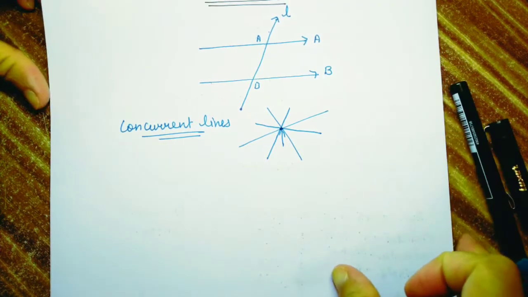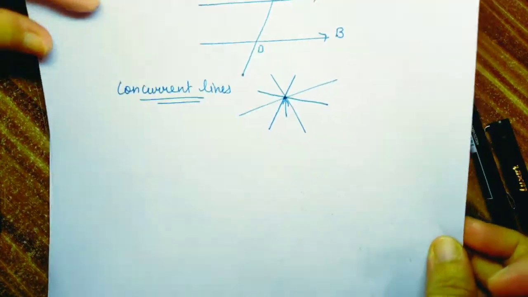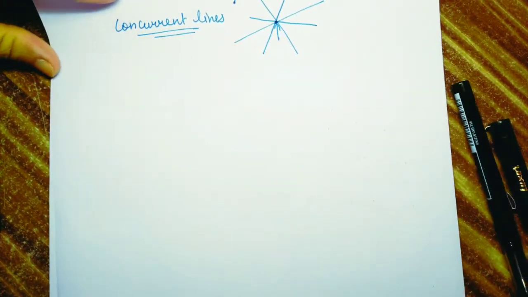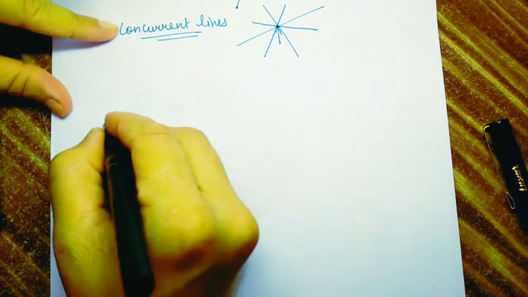Now after this, students, we will discuss the angles made by the transversal line. So here we will discuss the different types of angles.